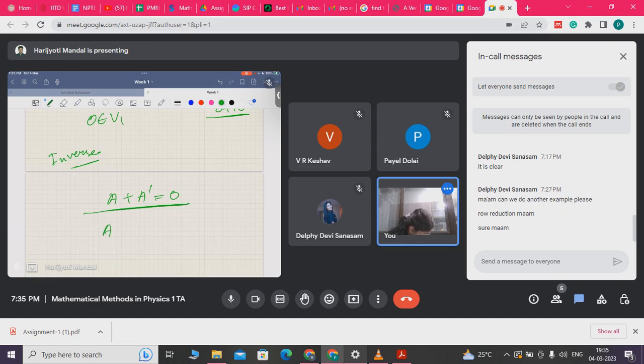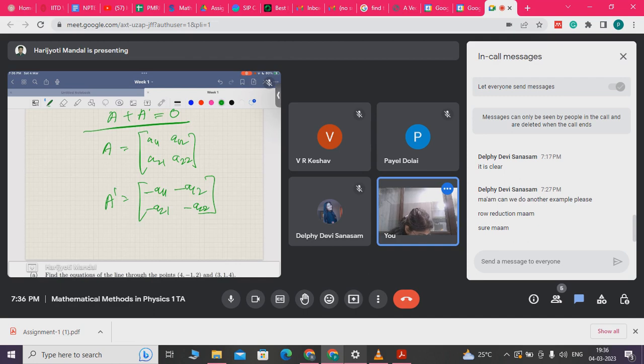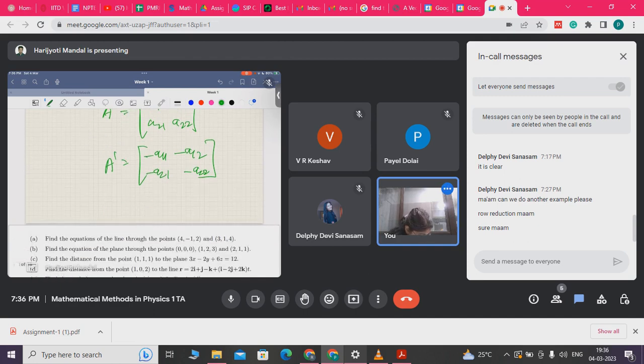Then we prove the inverse. For A, its inverse will be A dash, which will give us 0. So every component of A dash needs to be minus A11, minus A12, minus A21, minus A22.